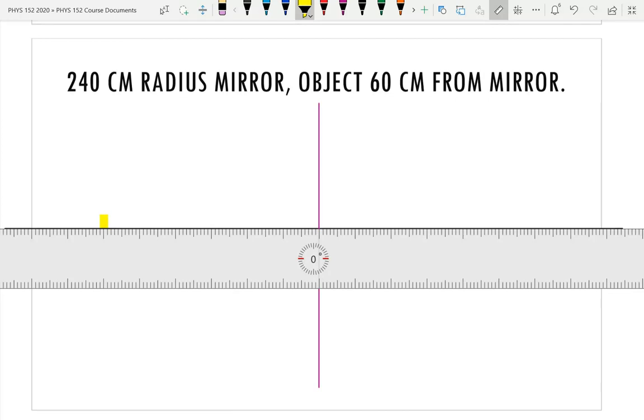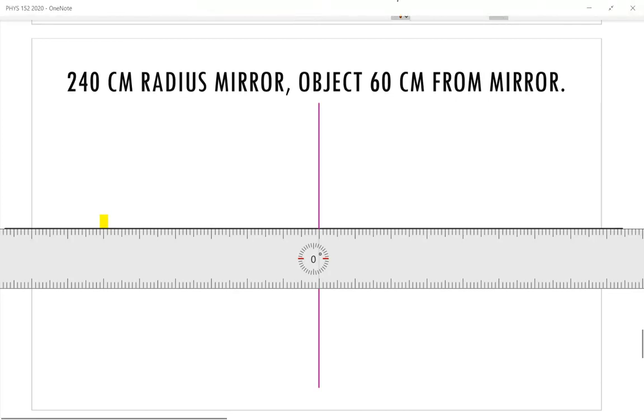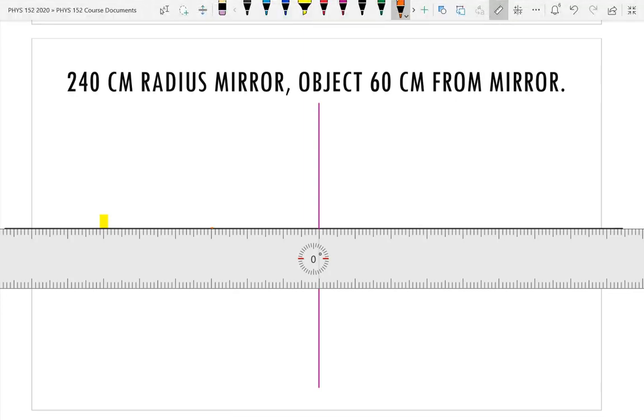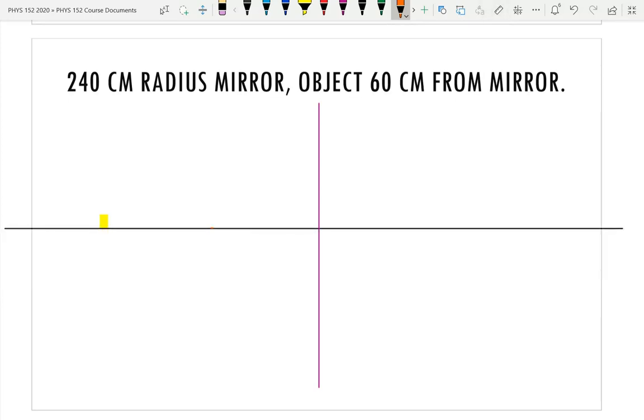I'm trying to make it centered on the right mark. And my object at 6. 1, 2, 3, 4, 5, 6. My object. So I have purple.